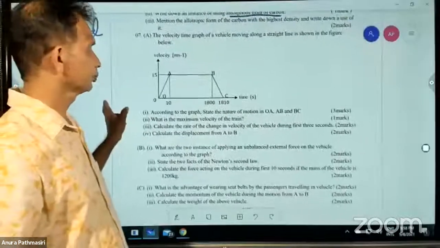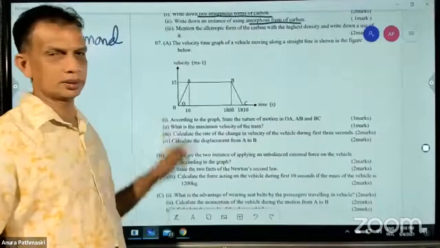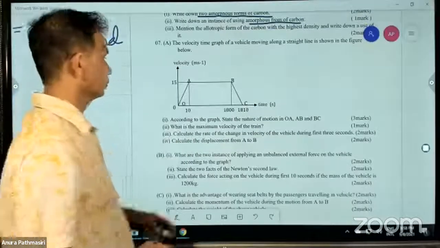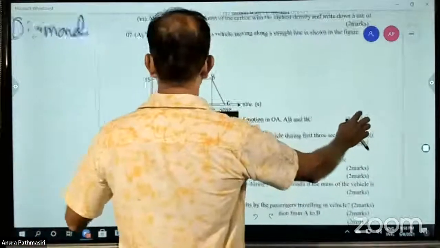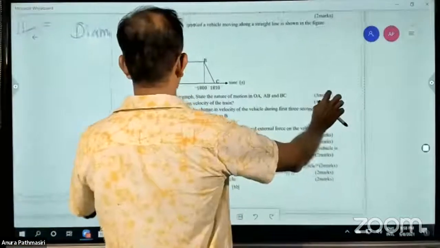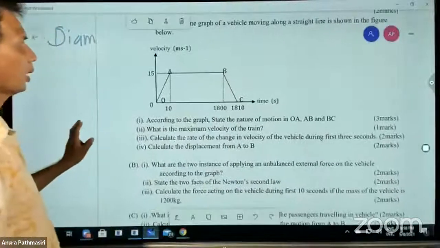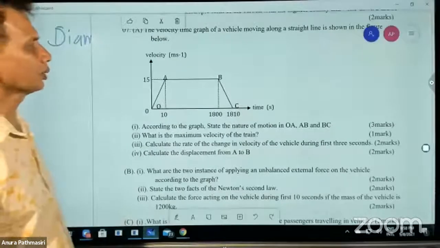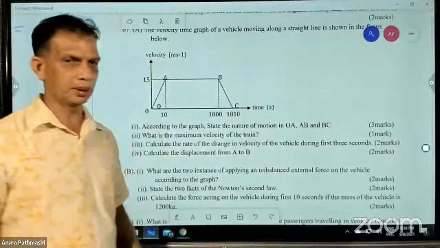Okay. Most of you find it harder to answer questions of this sort. Okay, let's give a try. Not that hard one. The velocity time graph of the vehicle moving along a straight line is shown in the figure below.